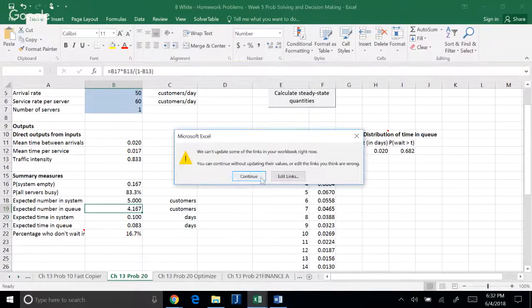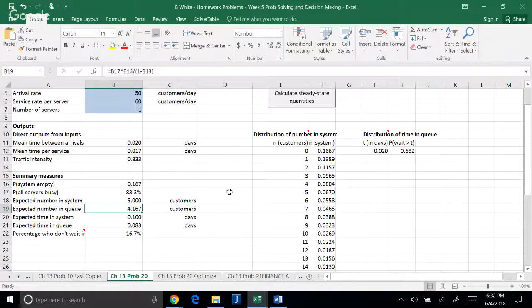That's a little bit of a judgment call, especially in these problems where you don't have a ton of history on the company and the customers to know for sure. An answer where it would be obvious to use expected number in queue would be like a Disney World.